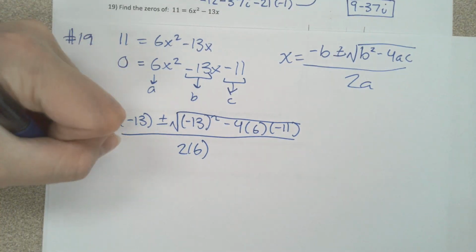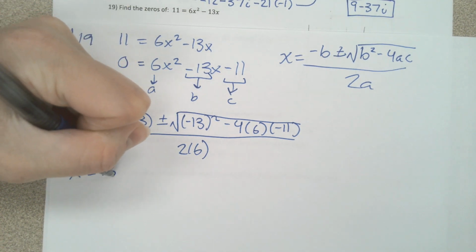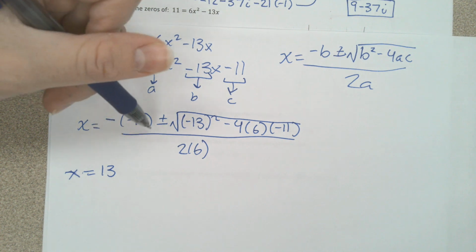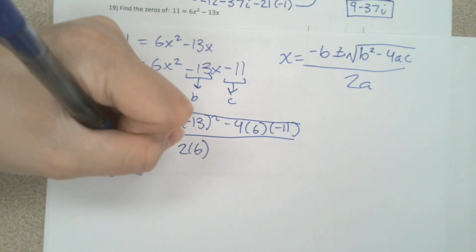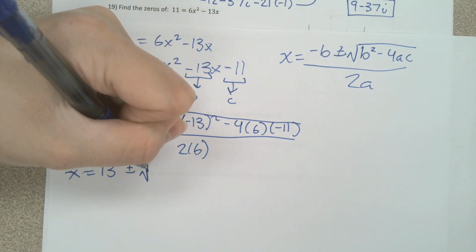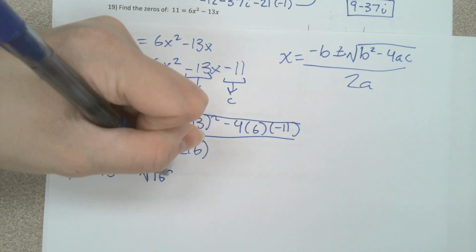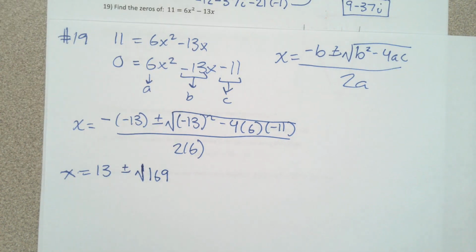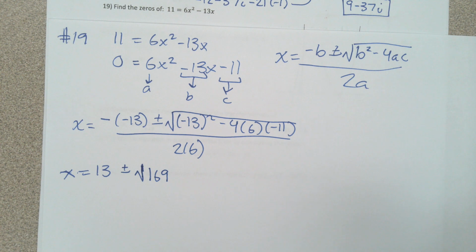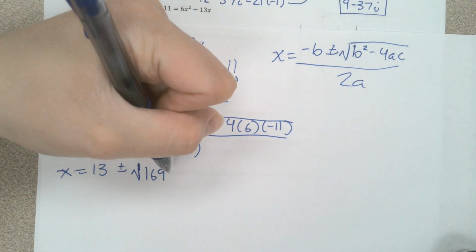I try to keep as much of this on paper as possible. I know a lot of you prefer to go to the calculator. That's fine. Just be careful with what you're typing in. This is a positive 13 plus or minus negative 13 squared, that would be 169. And that would be 44 times 6, which is 264.